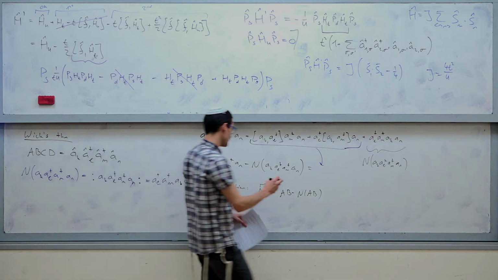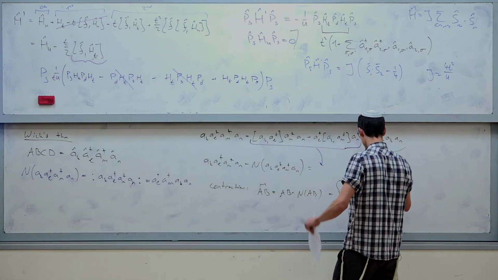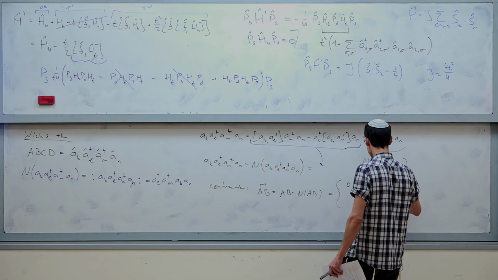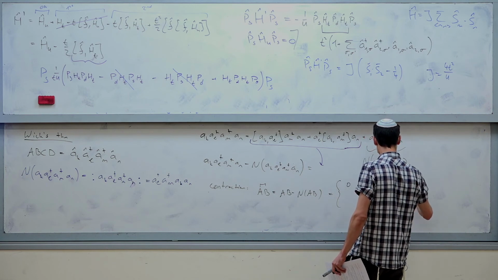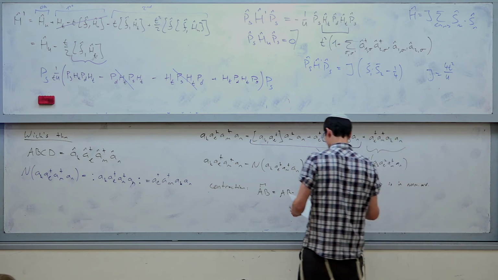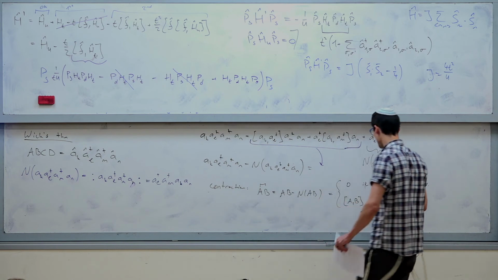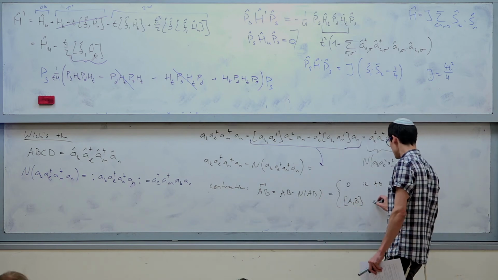So this is equal either to 0 if A and B are already in normal order, and it is equal to the commutator of A and B if they're not in normal order.